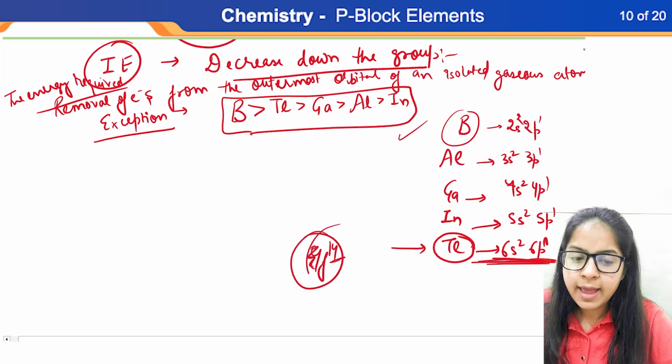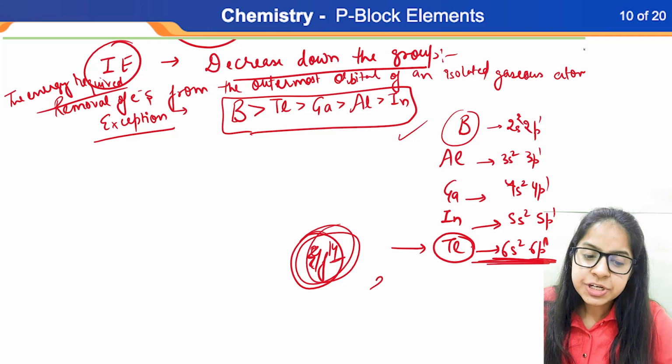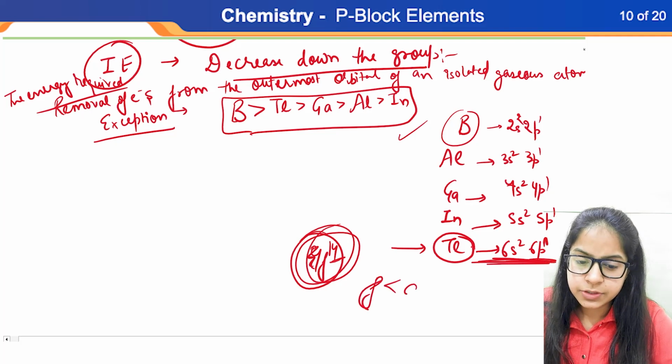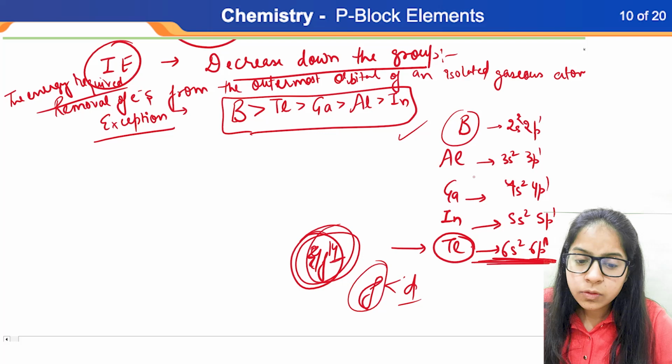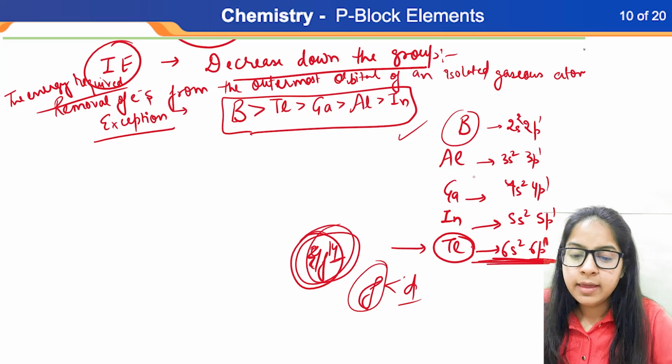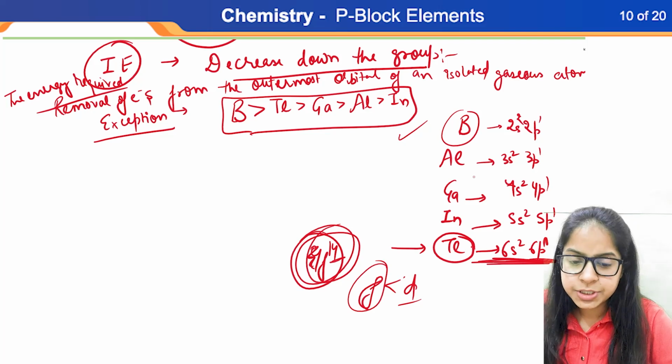These 14 f electrons have less shielding effect than d electrons do. Then d electrons have more shielding effect. If they have less shielding effect, they will allow the nucleus to attract these electrons. So that's why it is difficult to remove the electron from the outermost shell, because they are bound to the nucleus.